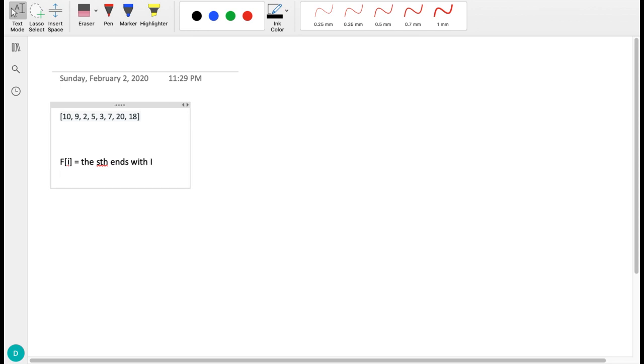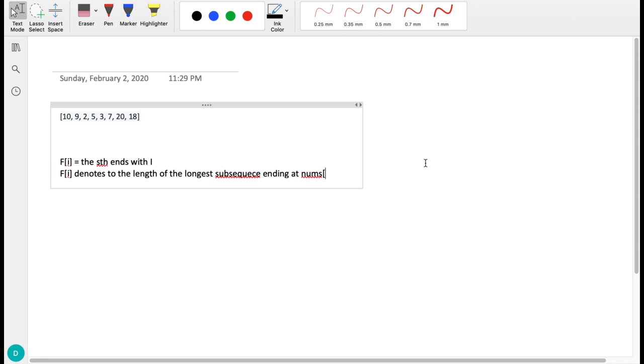So in our case, our f i denotes the length of the longest subsequence ending at number i. So that's the state.